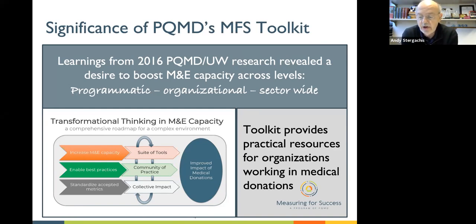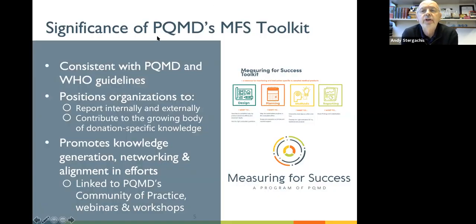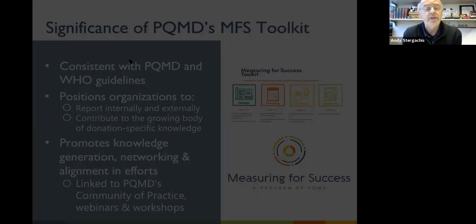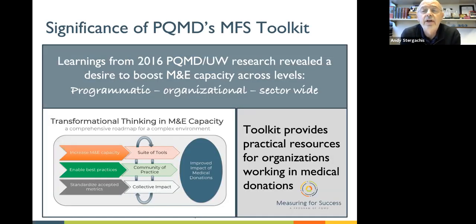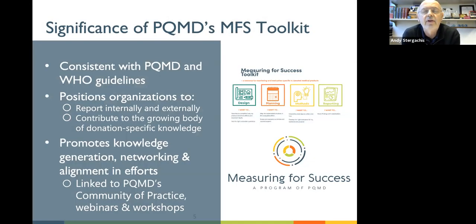Additionally, there is the ability to further align M&E efforts with where the field is, which includes consistency with the PQMD guidelines, which certainly call out monitoring and evaluation, the WHO guidelines, and increasingly the Access to Medicines initiatives, which also ask about monitoring outcomes.